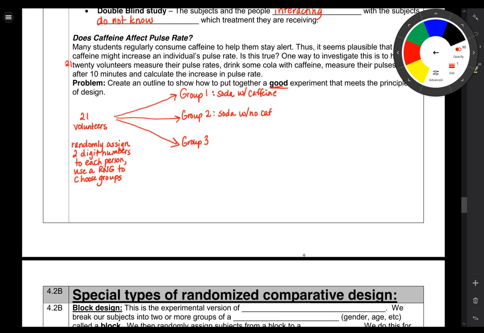And the last one would be soda that's sugar-free and no caffeine. That could be your control group, a control group that's still getting soda, but no caffeine.